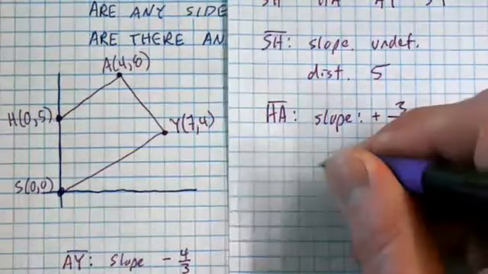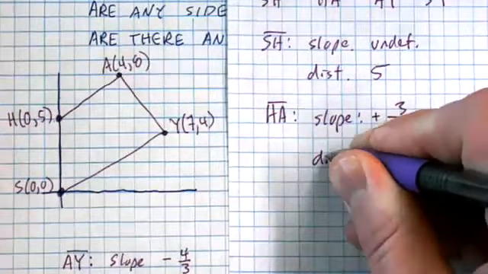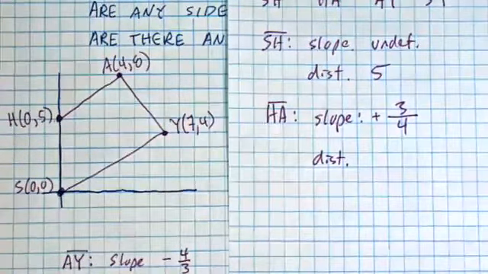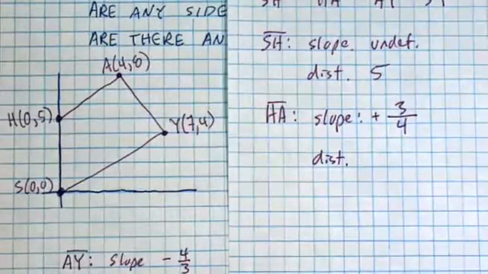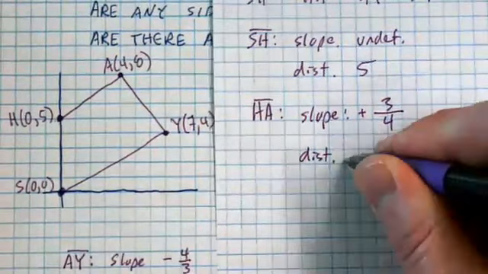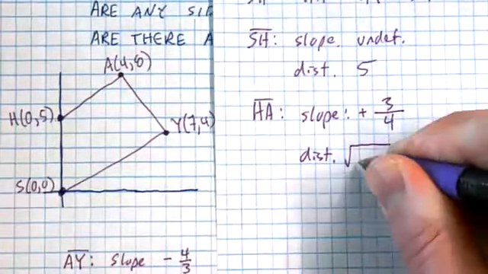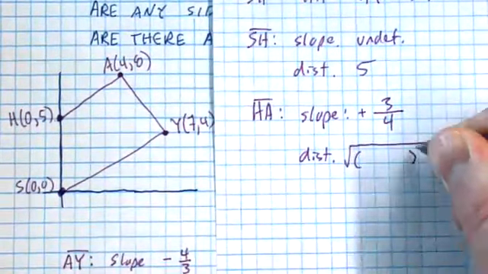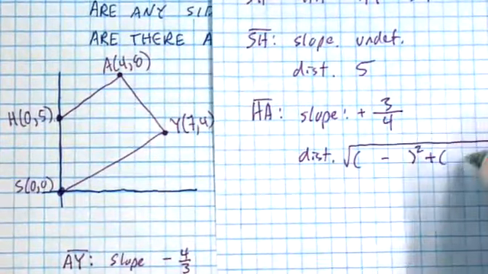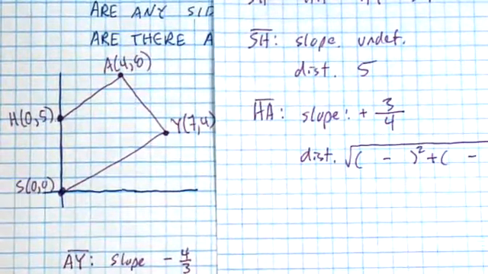To find the distance between HA, I need to use the distance formula or create a right triangle and use Pythagorean theorem. I'm going to go with the distance formula because we've shown you that fairly recently. The distance formula looks like this. You're going to need to get this memorized or at least get it into your packet so that you've got access to it.